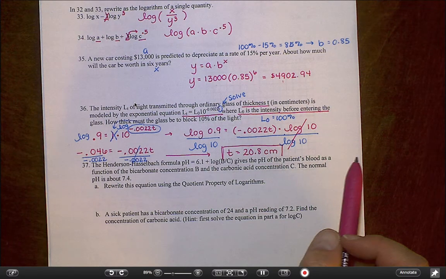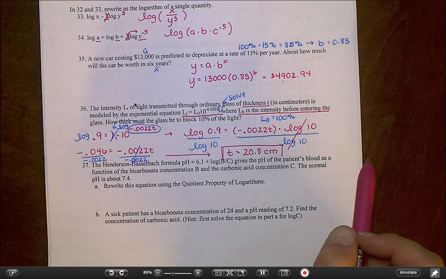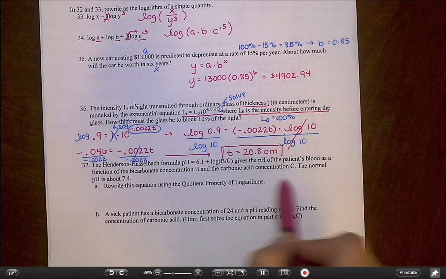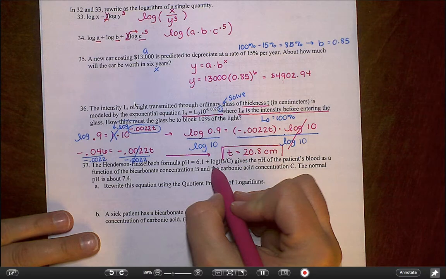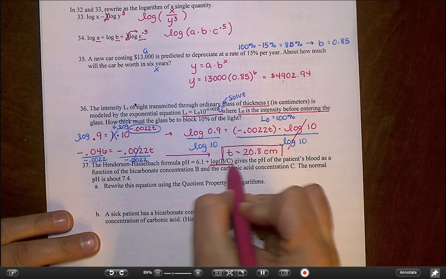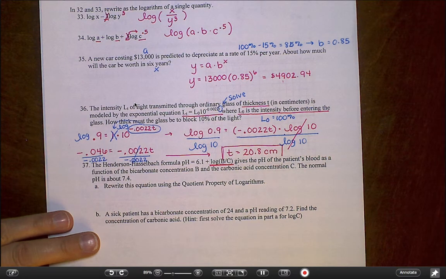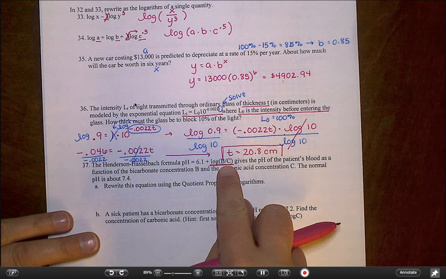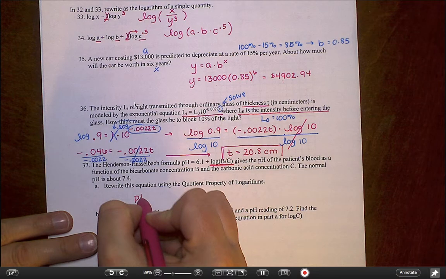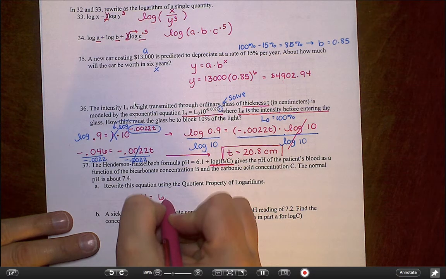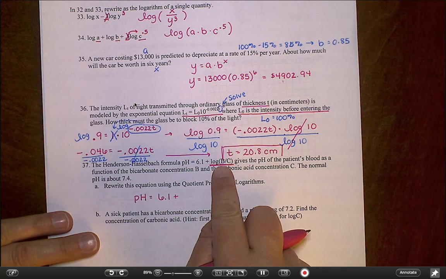All right, the formula for pH gives the pH of a patient's blood. Okay, normal pH is 7.4. So the first one just wants me to rewrite this part of the expression using the rule about logs and division. Most of it's going to stay exactly the same. pH equals 6.1 plus, I'm just going to separate this.